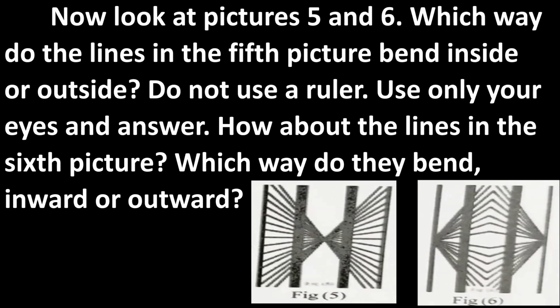Now look at pictures 5 and 6. Which way do the lines in the fifth picture bend? Inside or outside? Do not use a ruler. Use only your eyes to answer. How about the lines in picture 6? Which way do they bend? Inward or outward?